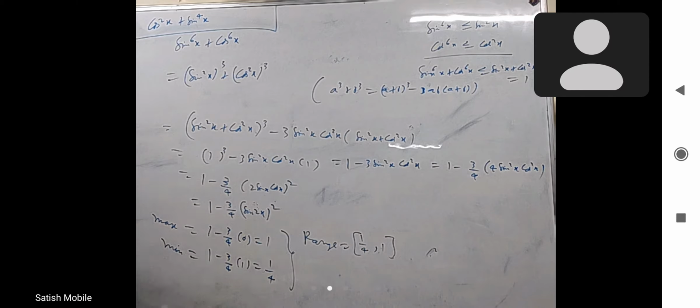But simplifying that I got 4 minus sin square cos square by 2. This one or this one. Based on that, try to find minimum and maximum. Any doubt about this one?